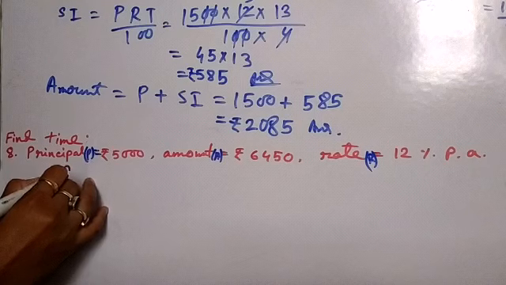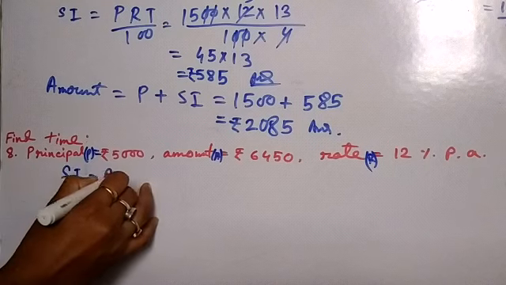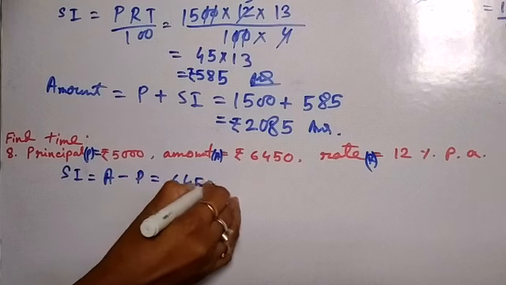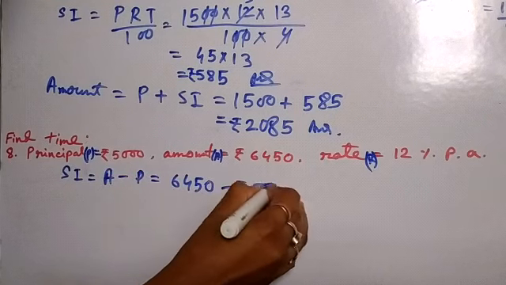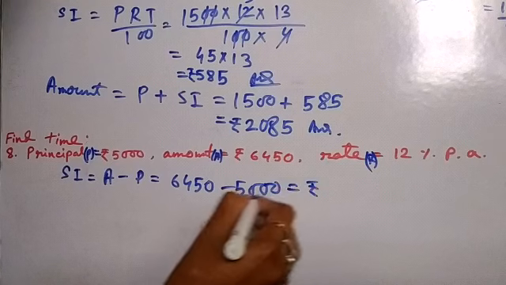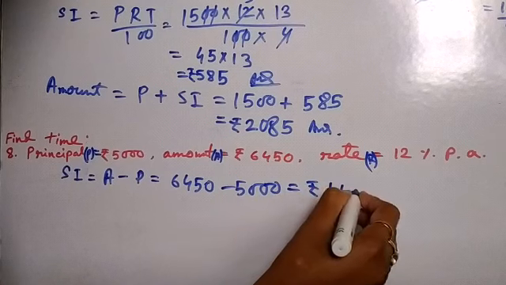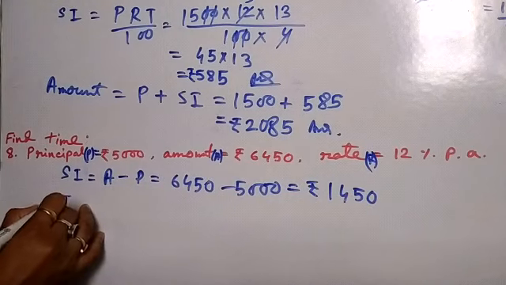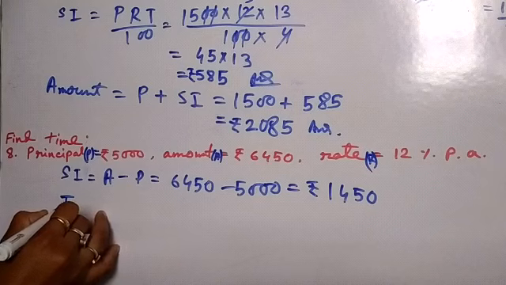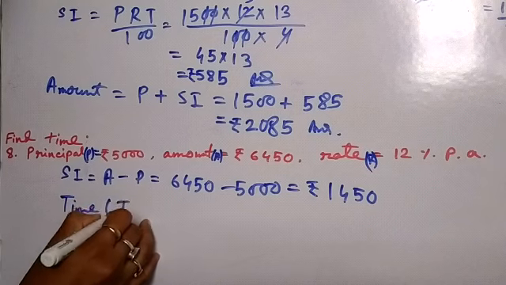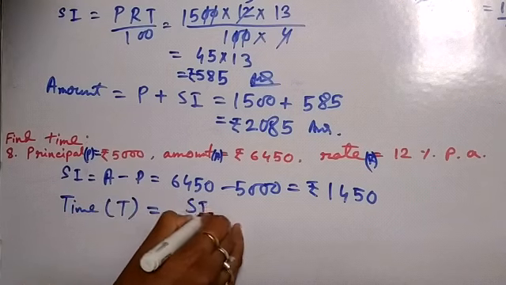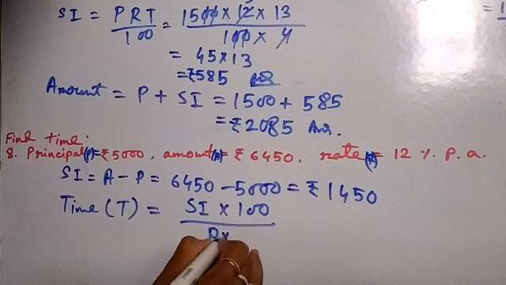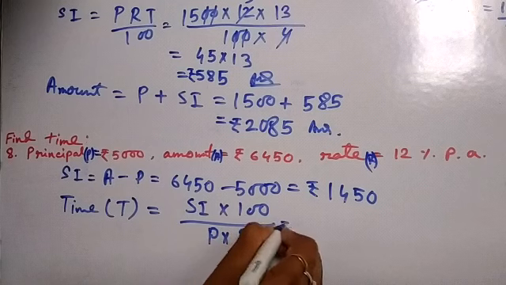So SI equal to amount minus principal. So this will be 1450 rupees, and rate is 12%. So time T equal to, formula will be SI into 100 divided by P into R.